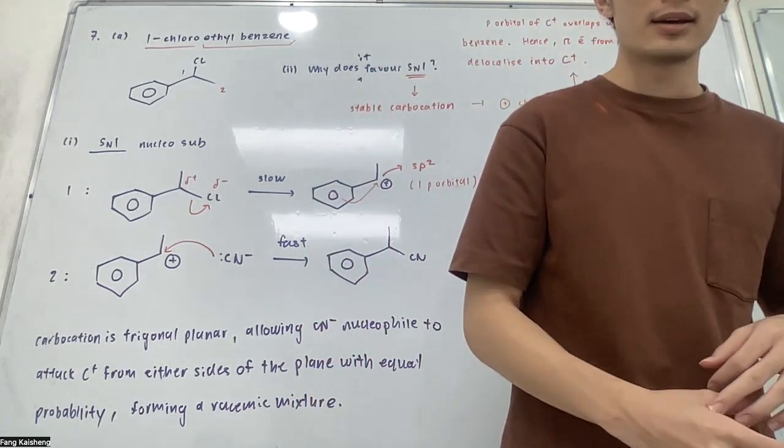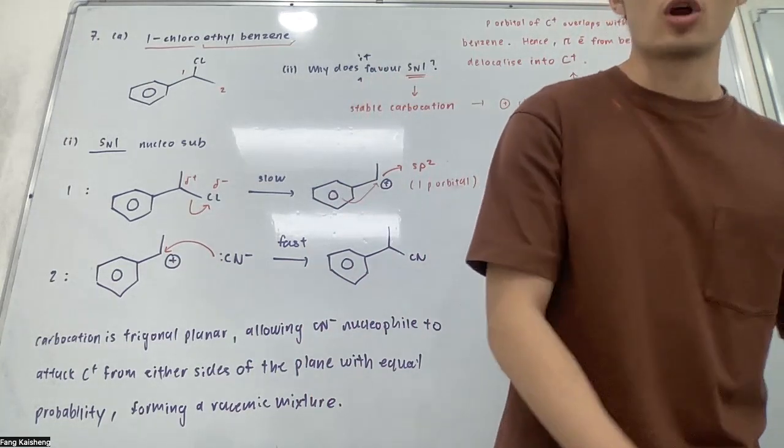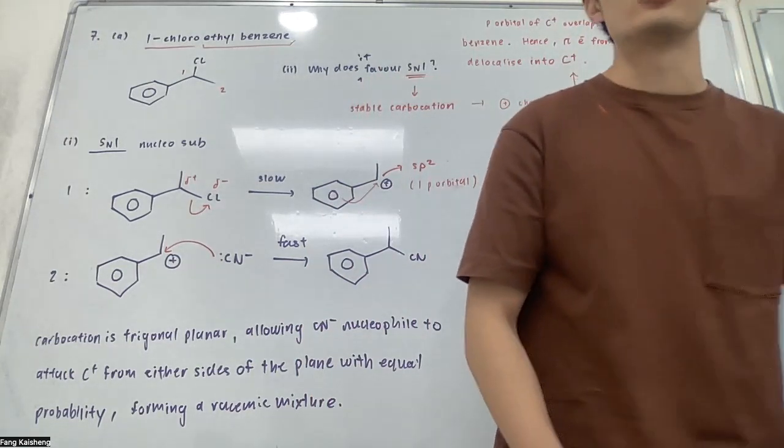For part B, let's take a look. They ask for 2-chloroethyl benzene. Just try to draw this structure first.